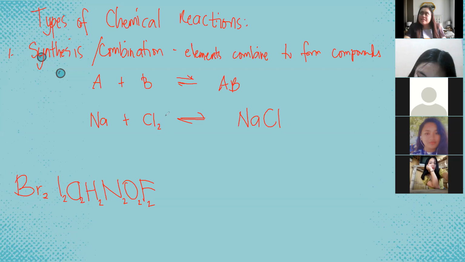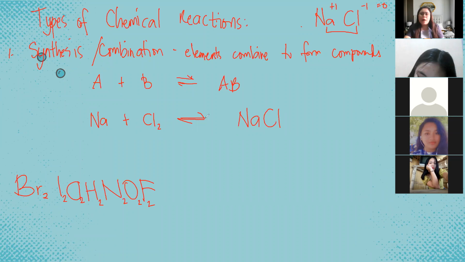Even though there is a subscript on the reactant side, it doesn't mean the product side should have a subscript. Because the chemical formula depends on the charge, as we discussed how to write chemical formulas: sodium is positive 1, chlorine is negative 1. Positive 1 plus negative 1 is equal to 0. So no need to do the crisscross. You just need to combine the symbols. So for sodium chloride, it is just NaCl.